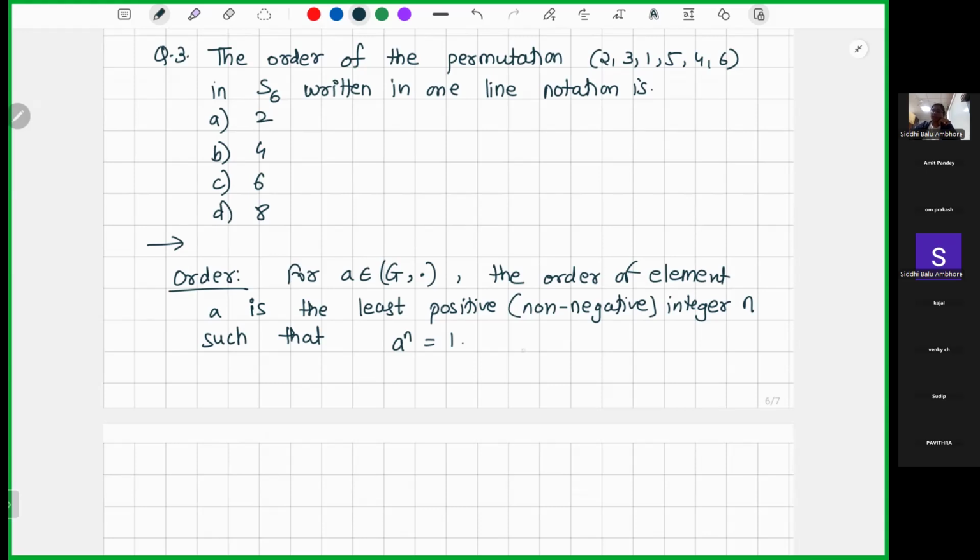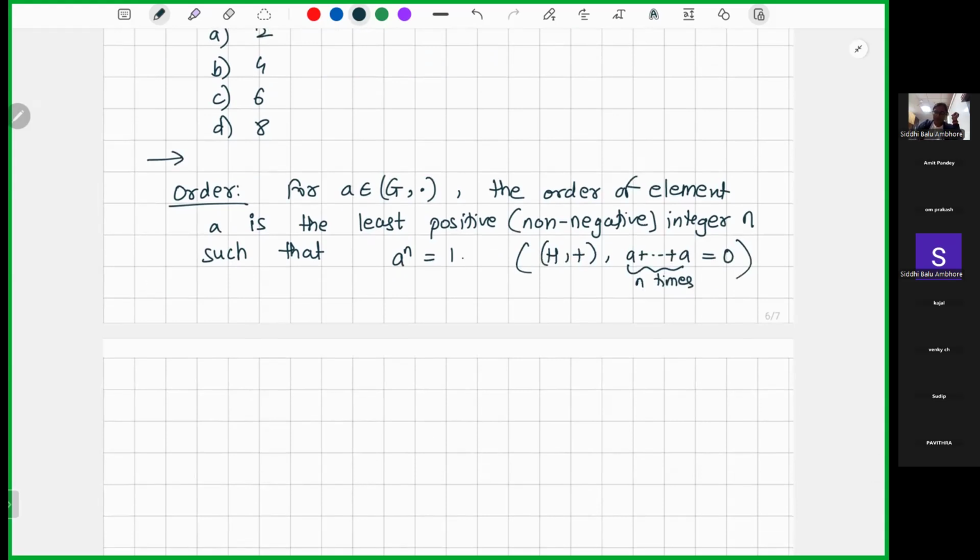So just like if my group is H comma plus, then this becomes A plus A n times. When we add A n times, then it becomes 0 of the group.